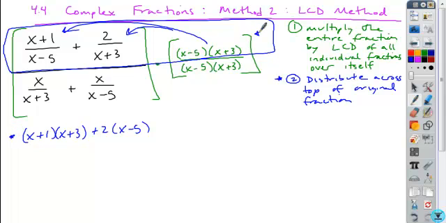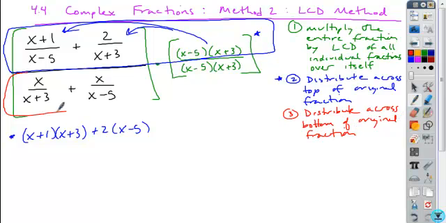So this is the completion of step 2 for me, right here. By distributing through, I've eliminated the fraction inside that fraction. Okay? I'm going to do the same thing across the bottom. So I'm going to distribute now across the bottom of this fraction. Now I'm just working in the denominator here, and I'm going to distribute this LCD to each of these terms.